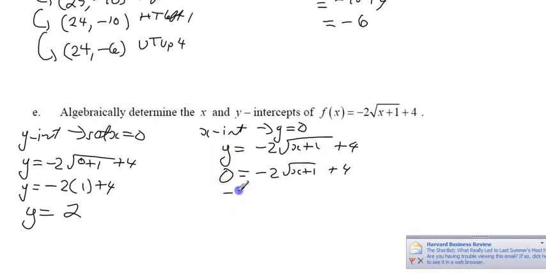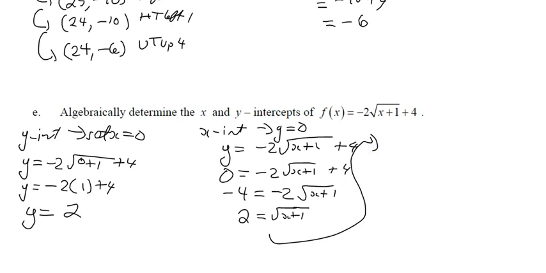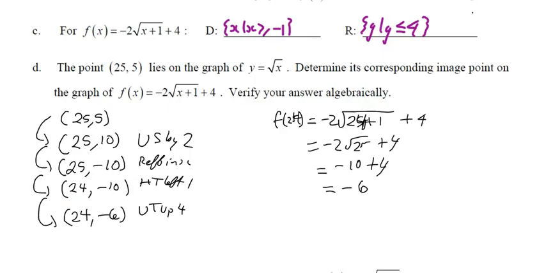Move that over. Negative 4 is equal to negative 2 root x plus 1. Divide both sides: 2 is equal to root x plus 1. Square both sides. So x plus 1 is equal to 4, and x is equal to 3. So the x-intercept is 3.